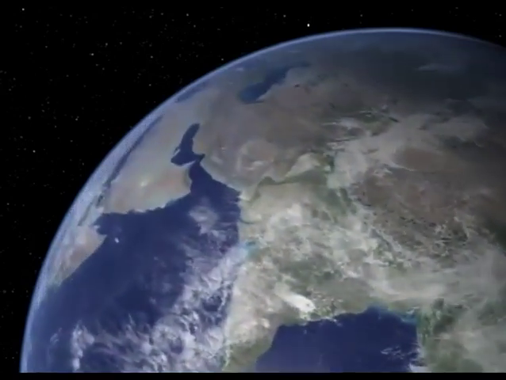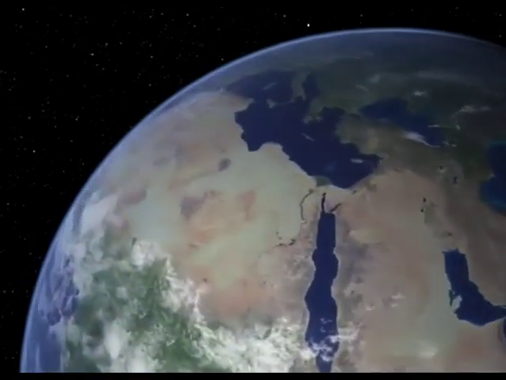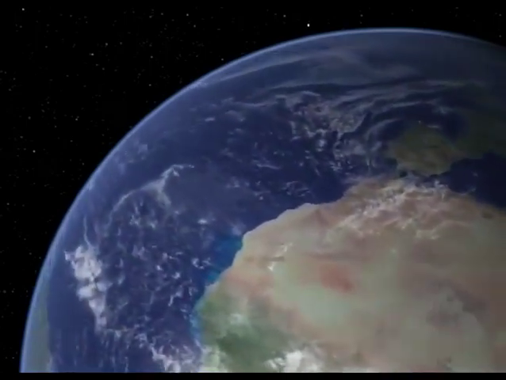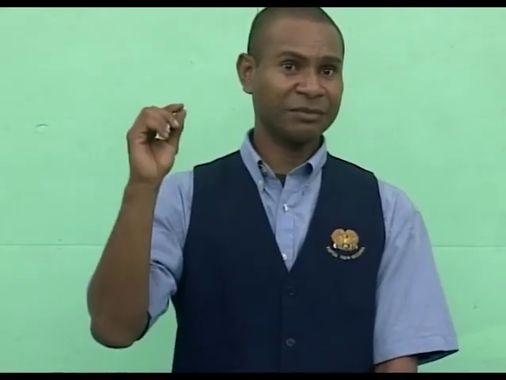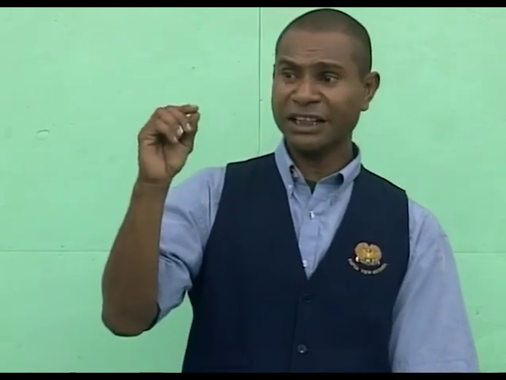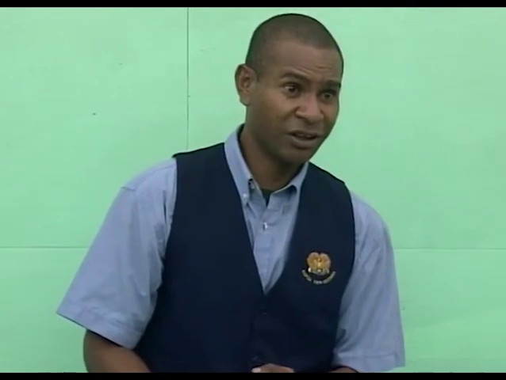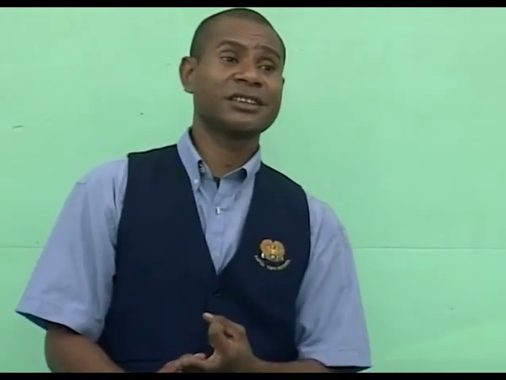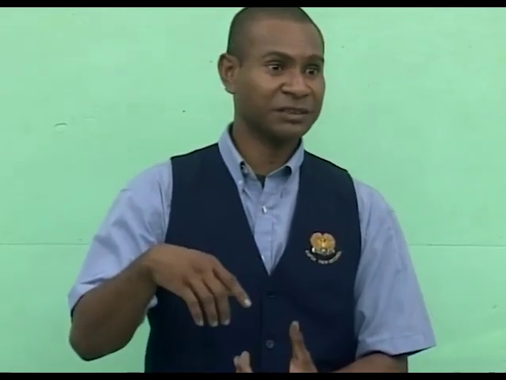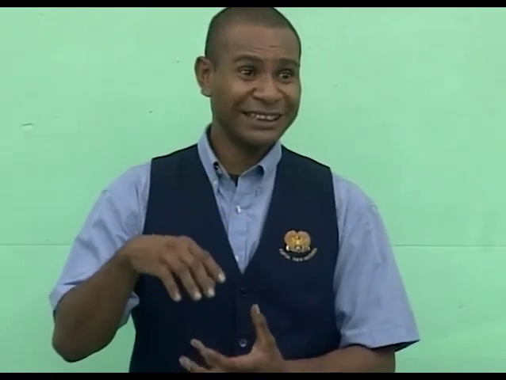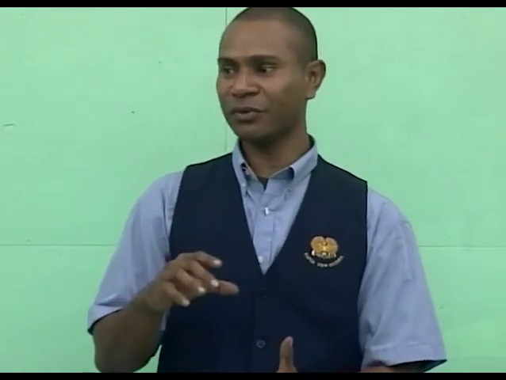Only the Earth spins, and we see day and night. So we only see stars at night. Sometimes we see the stars in different positions at different times in the night. You may see it on the top of the hill in the eastern sky at 7 o'clock, and you see it right above your head at 12 o'clock in the night, the same star. But this is because the Earth is rotating. That is why it seems to us that the star is moving.